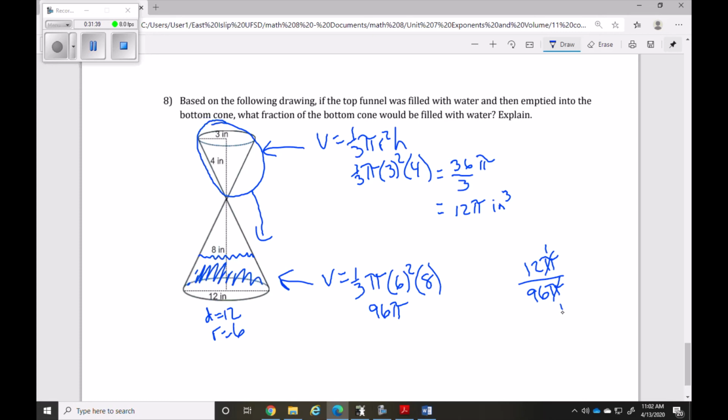So those pi's simplify to be 1 over 1. Actually, even 12 over 96 simplifies to be 1 over 8, right? 12 goes into itself once, and 12 goes into 96 8 times. So the bottom cone would be 1/8 full of water.